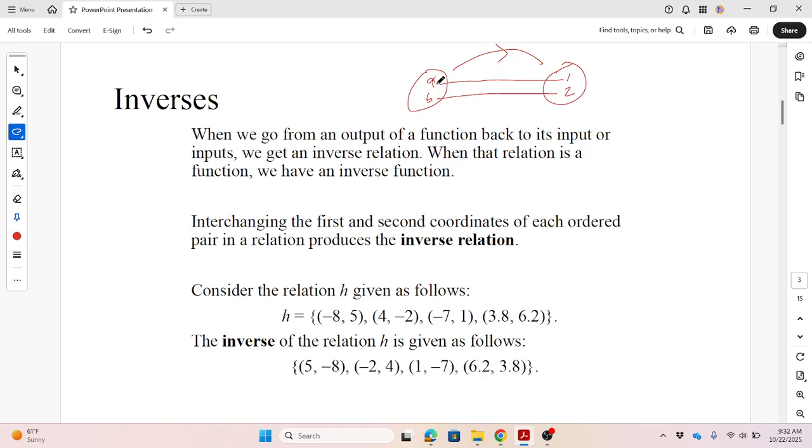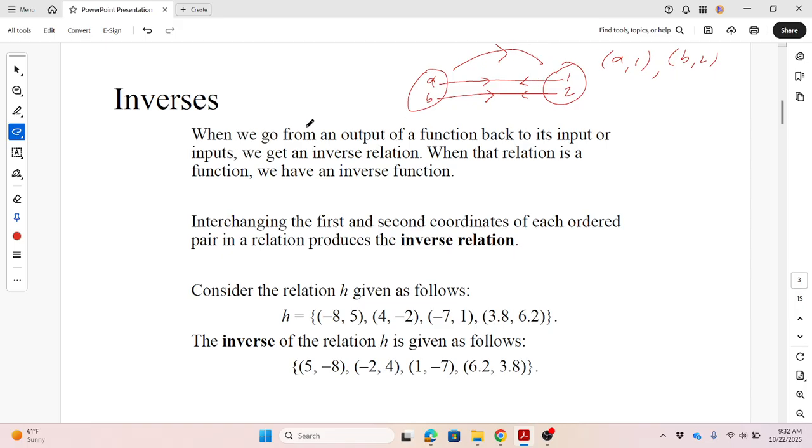Inverse means instead of going from A to 1 or B to 2, so instead of doing that, you flip it. You go back. You reverse it. That reversal process is inverse of the original relation or function.